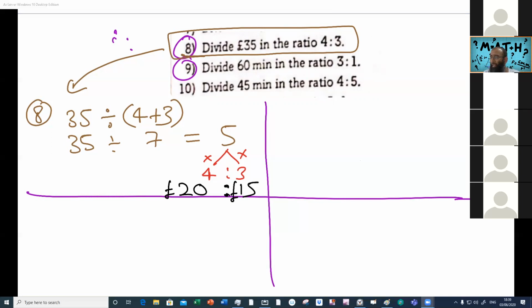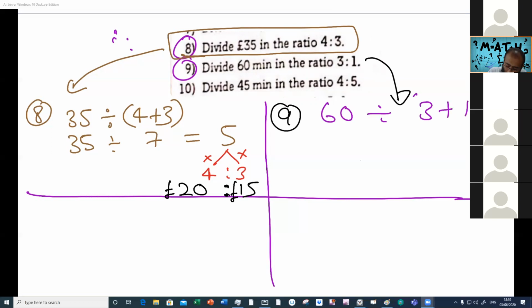Okay. Question number 9, Mr. Hashim, our guest young man. Okay, you switch back on, please. Okay, question number 9. You do 60 divided by 3 and 1, but then you add 3 and 1 equals 4, so 60 divided by 4. And 60 divided by 4 equals 15.